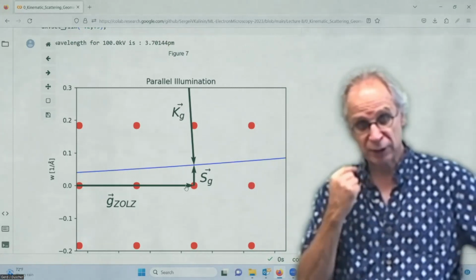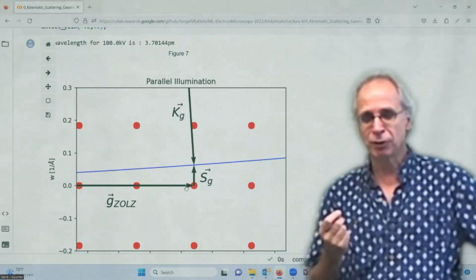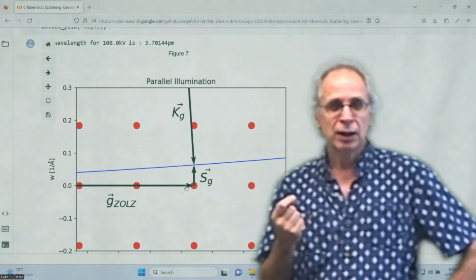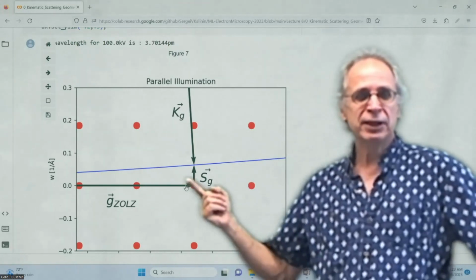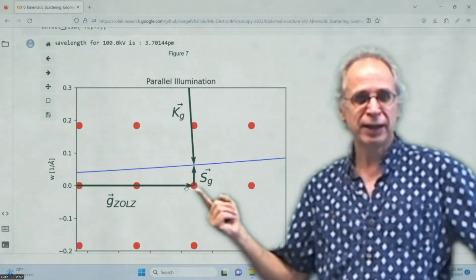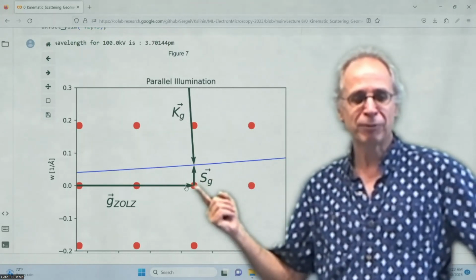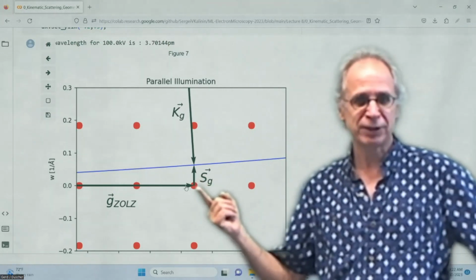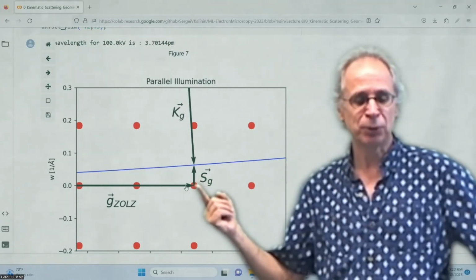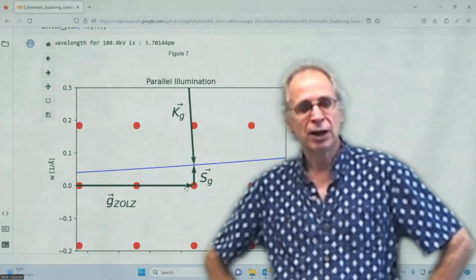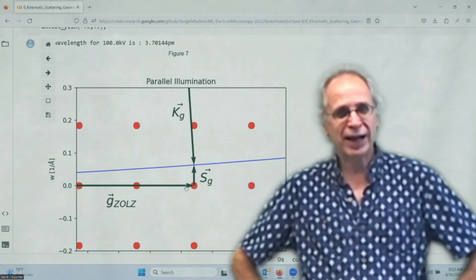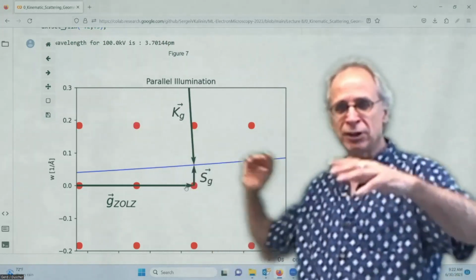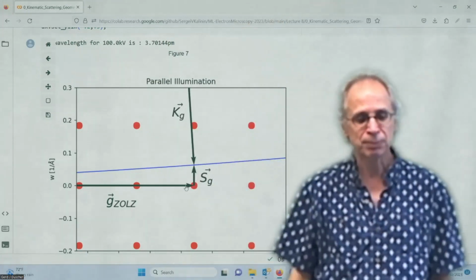Okay. So where does this excitation error come from? The key thing is that this reciprocal lattice vector, or reciprocal lattice point, not vector, so in this case we talk about the point, is a point only in the ideal case of having an infinite crystal in all 3 dimensions.